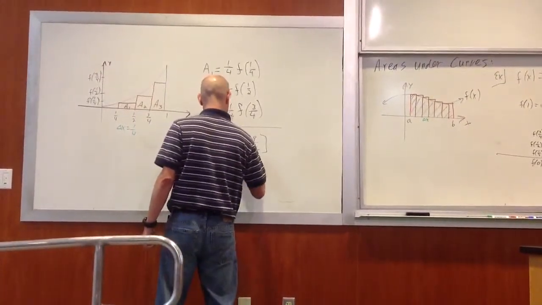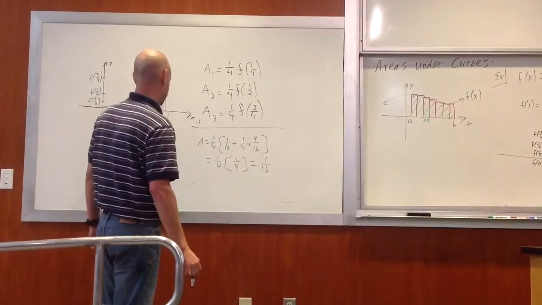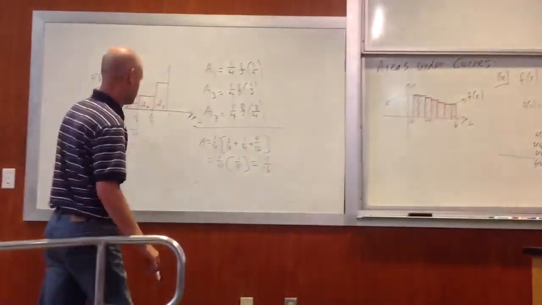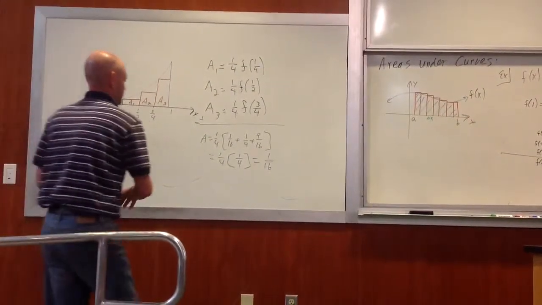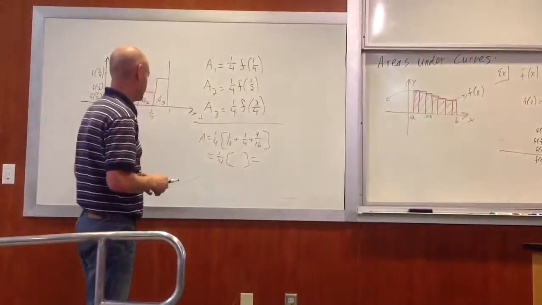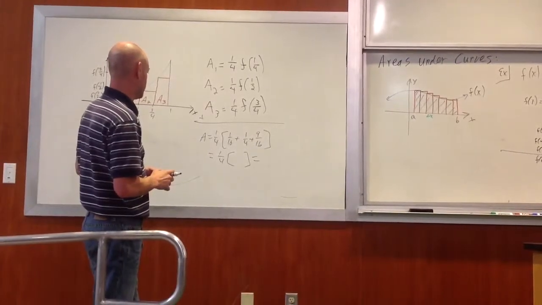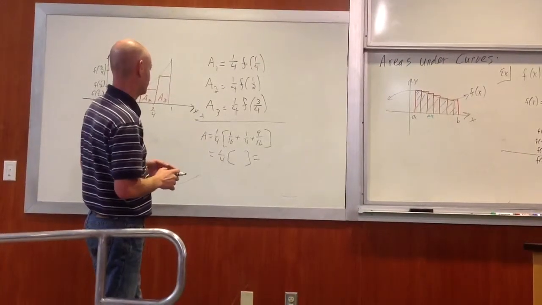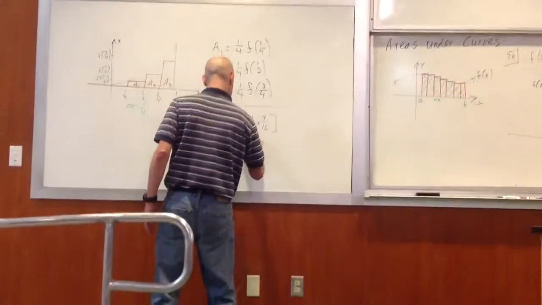That's 10 over 16 plus 4 over 16. 10 and 4 is 14. 14 over 16, which is 7/8. Okay.